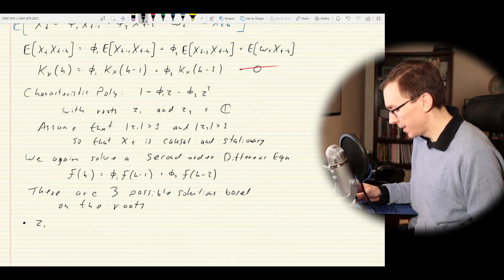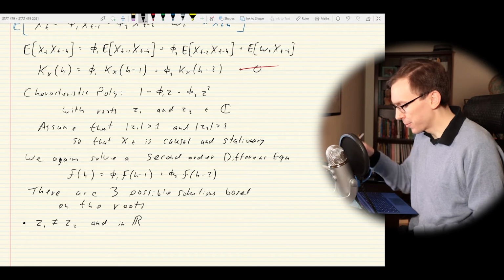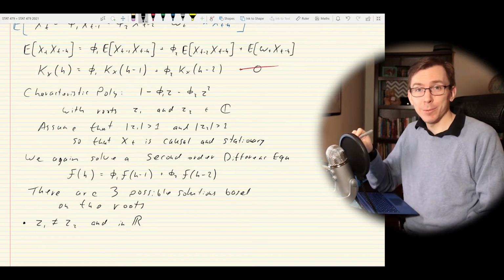So solution number 1 is z1 is not the same as z2 and in R. So real valued roots that are not equal to each other.